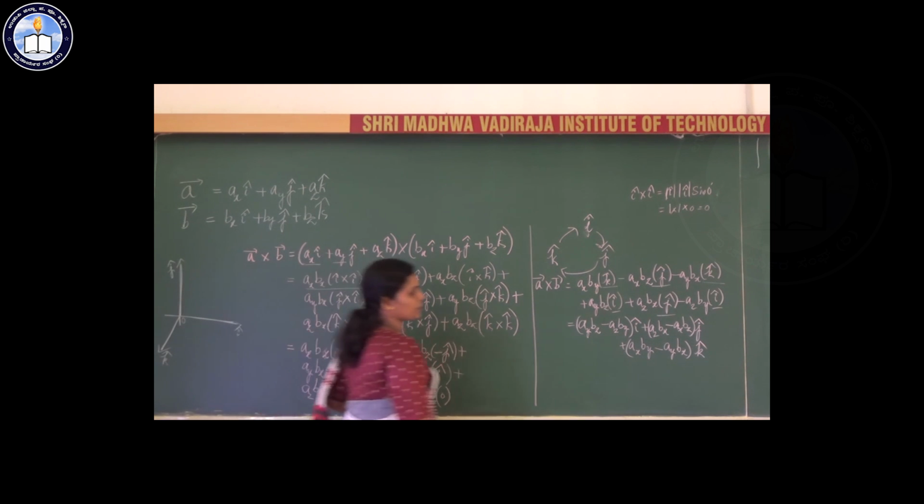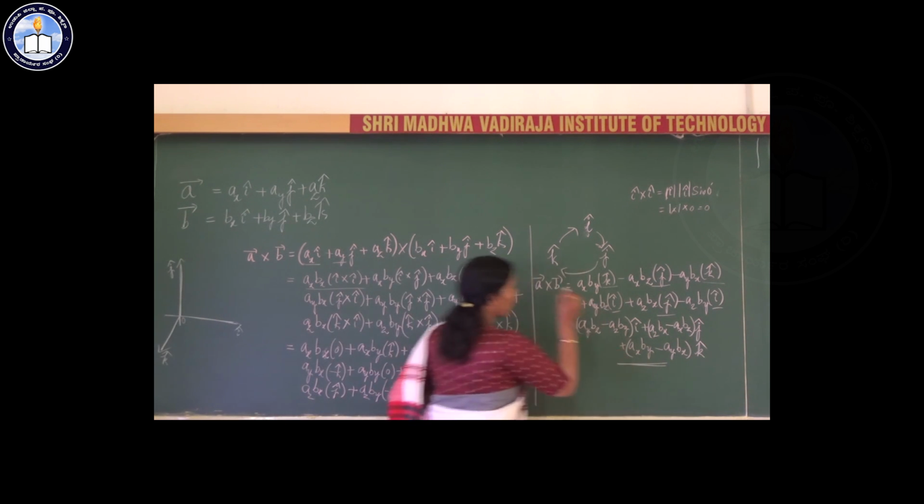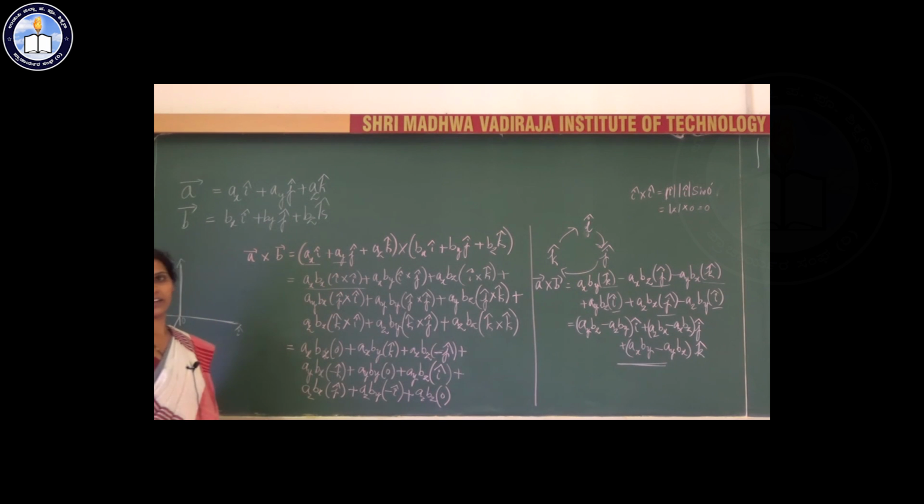This is the final answer of A vector cross B vector.